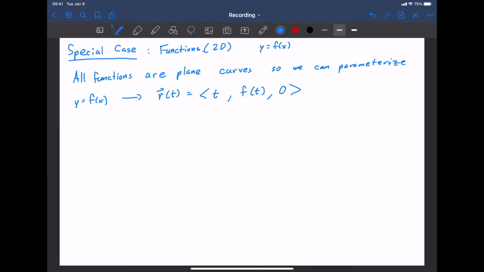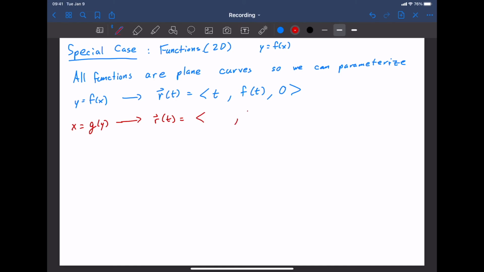The book will actually give you a formula to use for functions. I'm trying not to overwhelm you with these formulas. I'd rather you just understand, hey, I could do this parameterization. And we can give you functions like x equals some function of y. What would that look like? That would look like r of t.